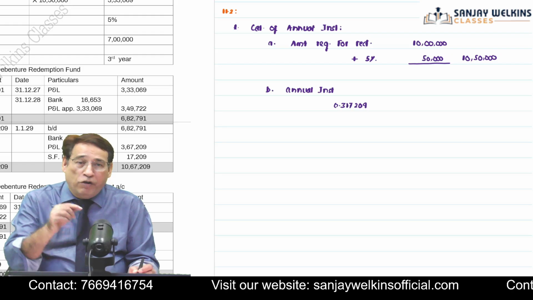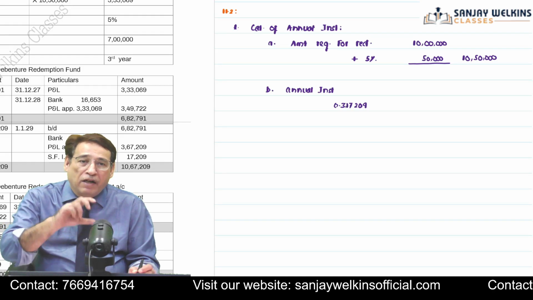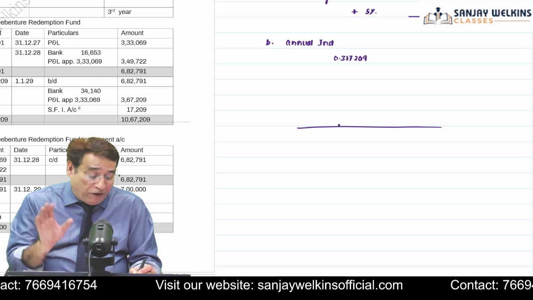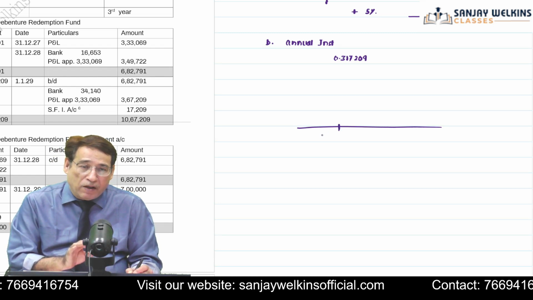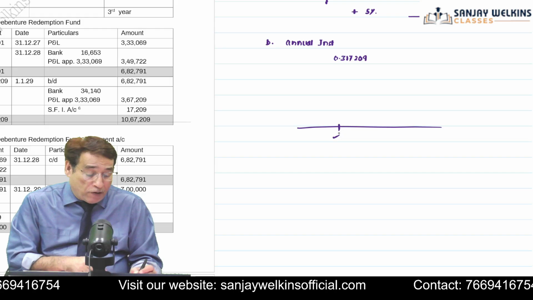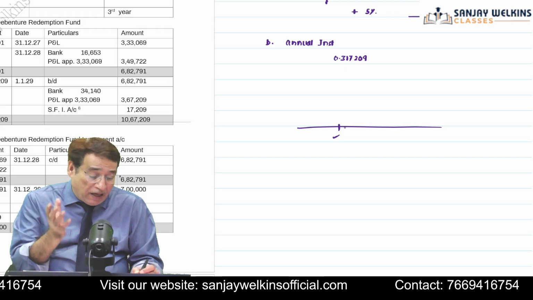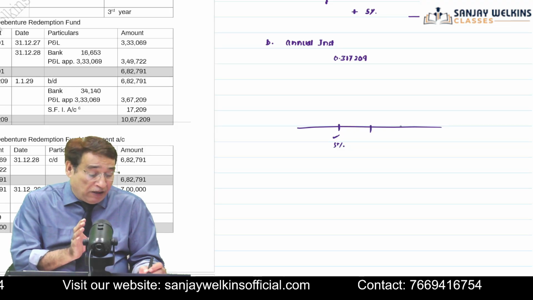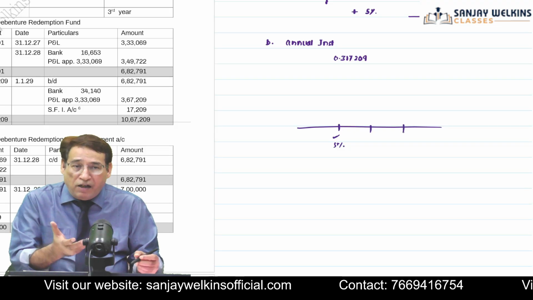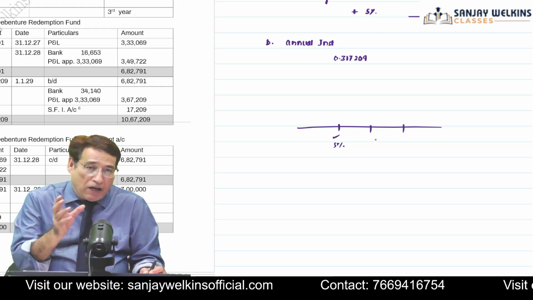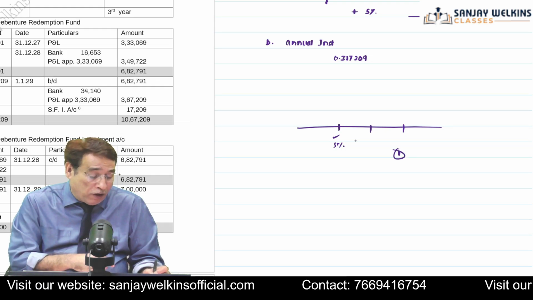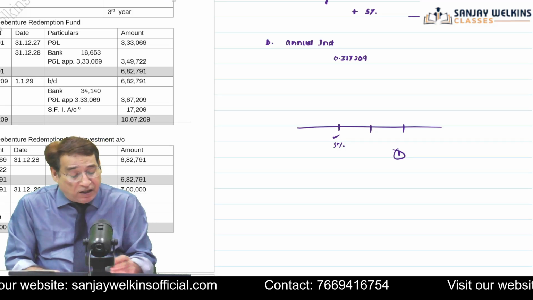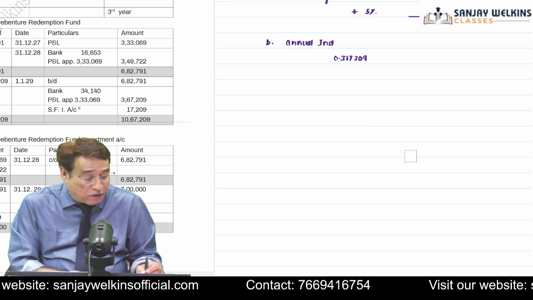What does it mean? Let me clarify. If I invest this much amount today, and I receive 5% interest on that, then by the end of the third year, this amount which I invested will become equal to rupee 1. This is what we call the significance of this table.